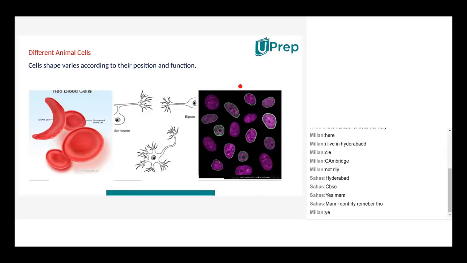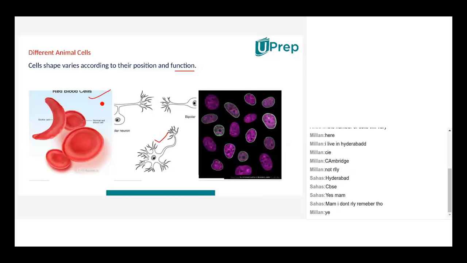When you take the functional aspect, best example, take RBC. RBCs are the cells you will find in the circulatory system. Suppose assume that RBCs are not having this structure, but are having a structure like a nerve cell. Then is it possible for the RBCs to flow freely in the circulatory system?